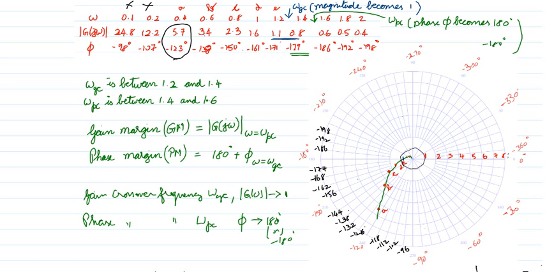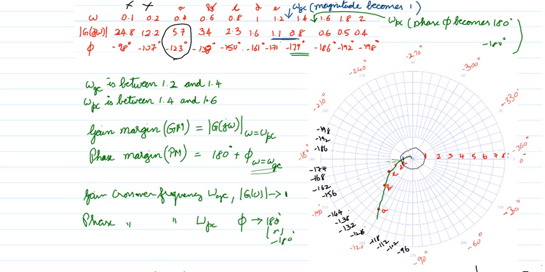Yes, this point. What is the angle? That angle is the phase at omega gc. This is from the graph, but we can still solve using the calculator, which gives the exact answer. You should be ready for both.